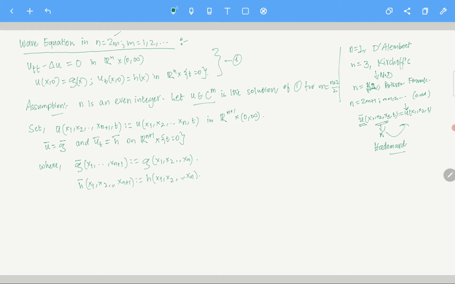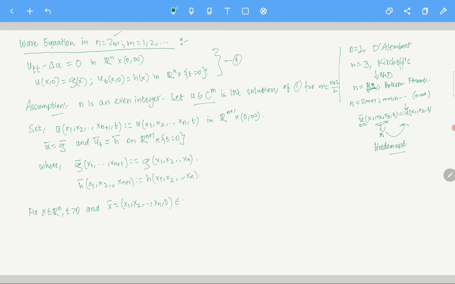So as n is odd, we have the formula. You remember, last video we derived it. Now we are going to use that same formula. So we fix an x in R^n, t greater than 0, and we write x bar to be (x1, x2, ..., xn, 0).